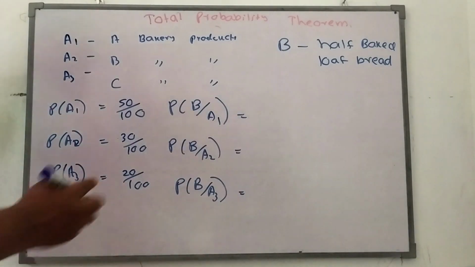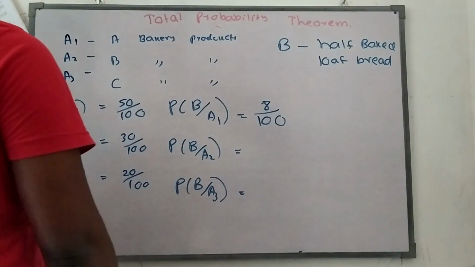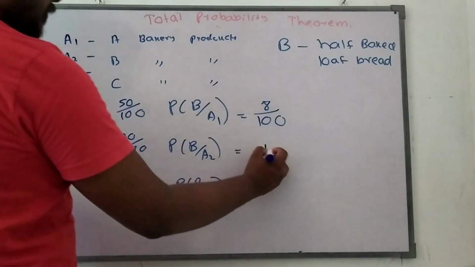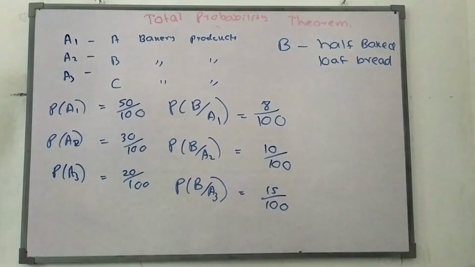Eight out of 100 for A, 10 out of 100, 15 out of 100. Okay, so these are the data of the bakery production, right? So we need the total probability of a selected loaf of bread being half baked.